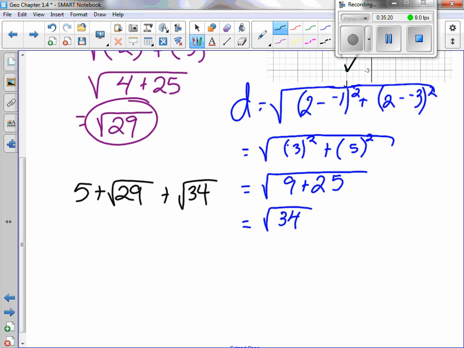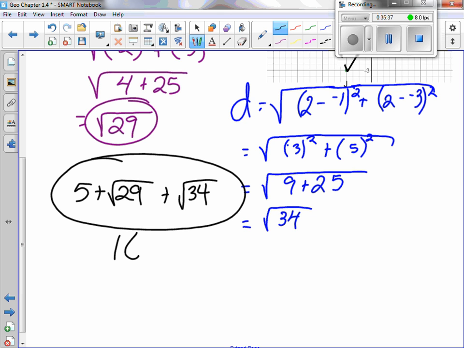No. So if it wants exact solution, exact length, we would just have to put this here. If it wants approximate, a decimal, and it'll tell you how many decimal places, we would type it in. Because the approximate is 16.22 units if it wants approximate. If it doesn't, we just leave it with both square roots.